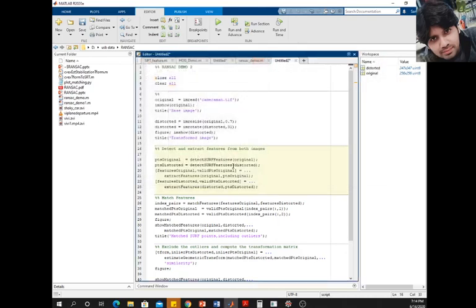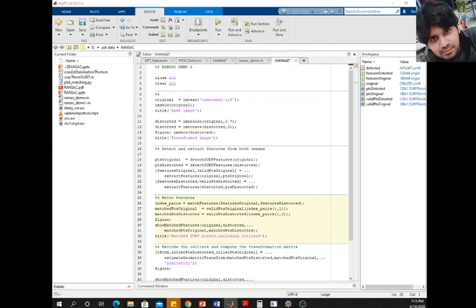So what we can do is we can again detect and extract the features. So now we will detect the SURF features, Speeded-Up Robust Features, and we will match those features.